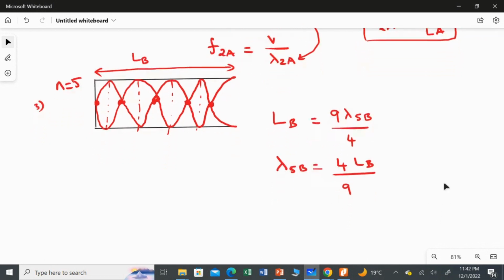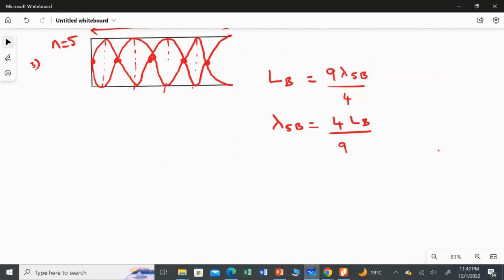Now I'm going to find what is the speed of the wave here. So the speed of the wave, V, is equal to F of the fifth harmonic for pipe B times lambda of the fifth harmonic for pipe B, right?